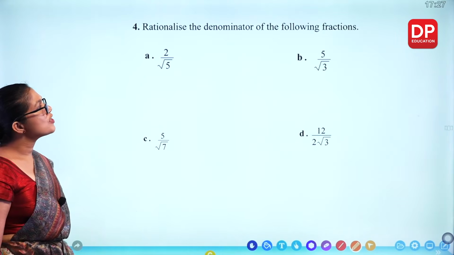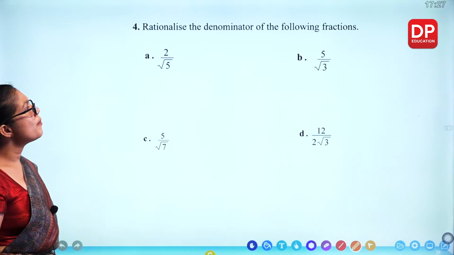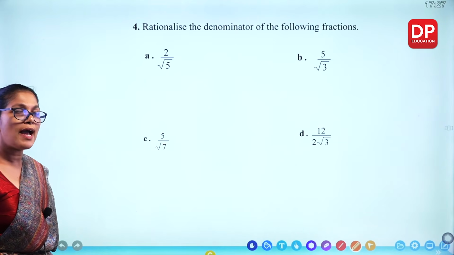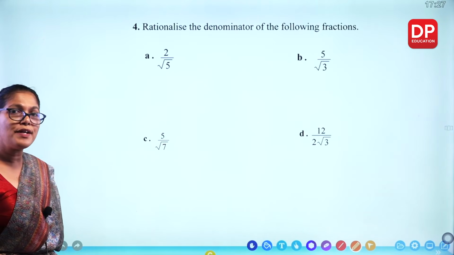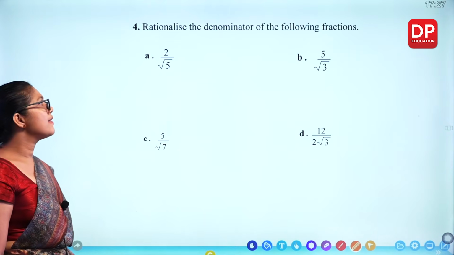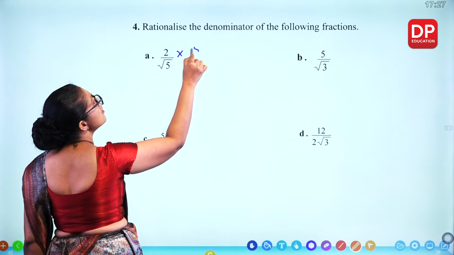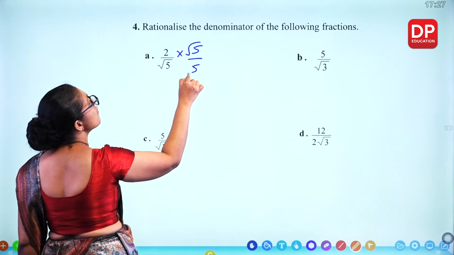This one, fourth question. Rationalize the denominator of the following fractions. So what you do when you want to rationalize, you multiply both the numerator and the denominator by the same surd value. So surd value is 5, you multiply by root 5.